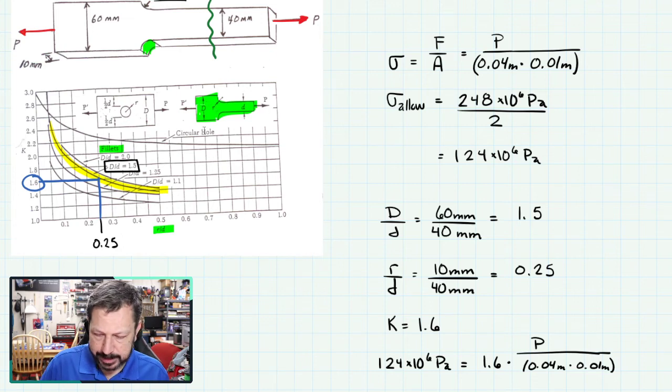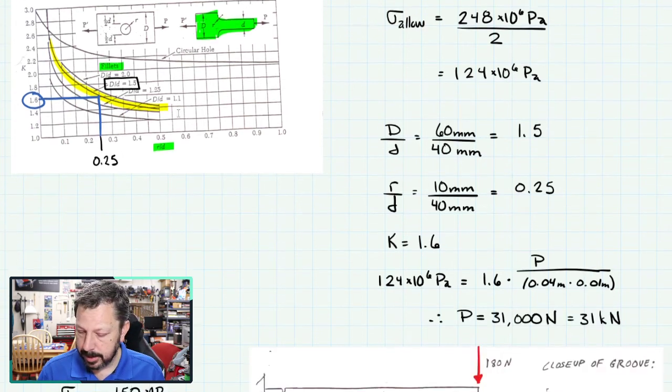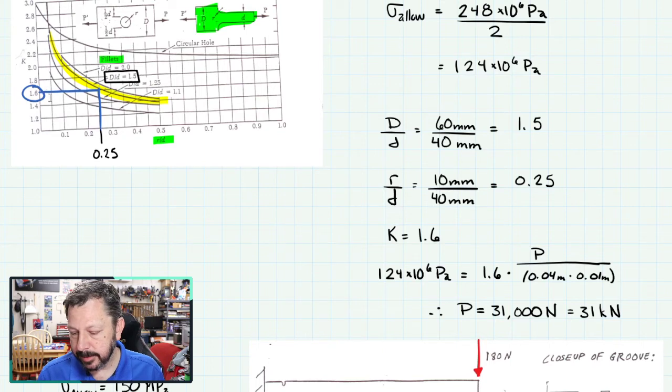So that's kind of the only difficult part of it, is making sure that you match up the right geometry with the right chart. I guess these have also been kind of contrived to land right on convenient locations on the chart, so that you're not really confused about estimating between lines or interpolating or anything like that. But they still get the point across of what you need to be doing.